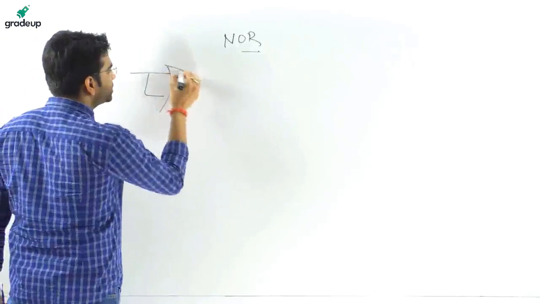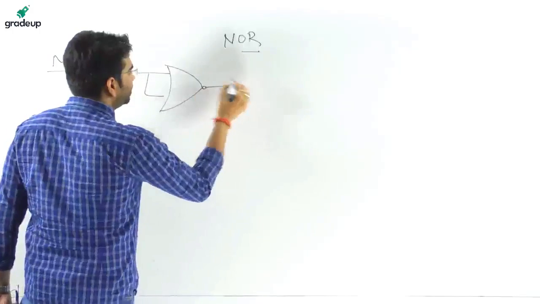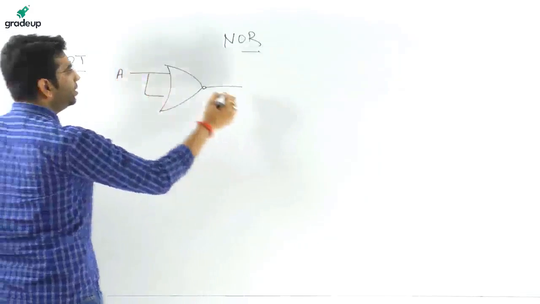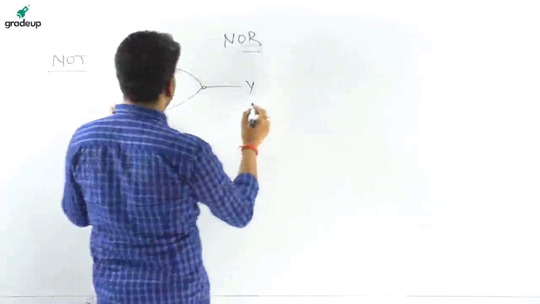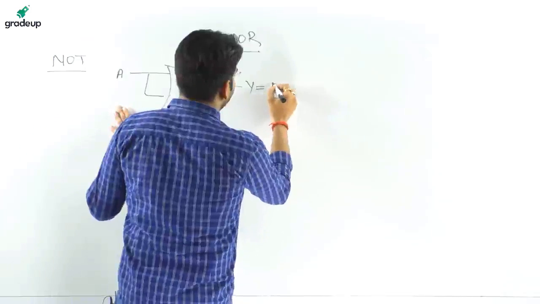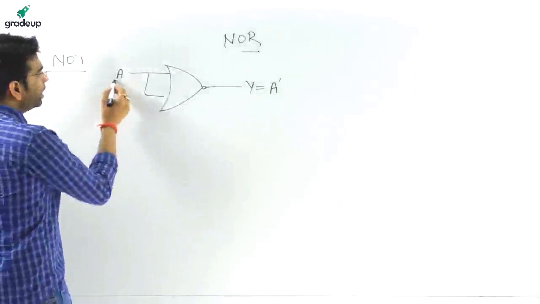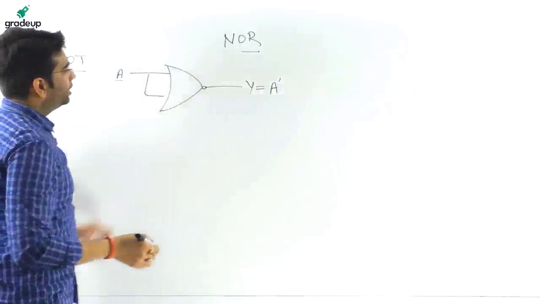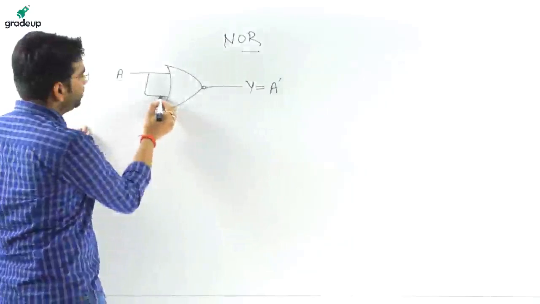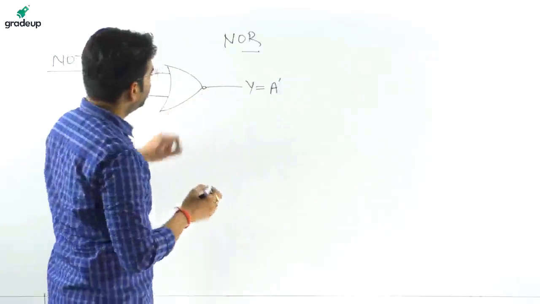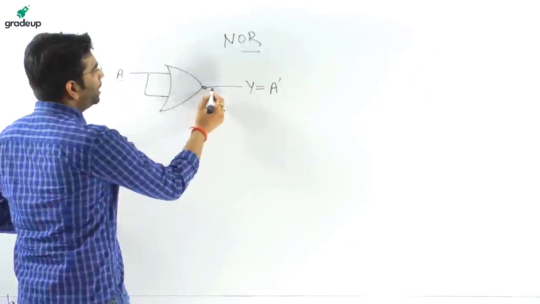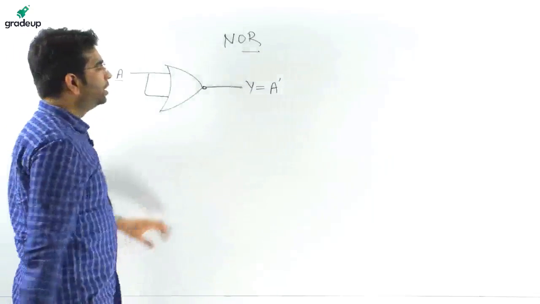Again the things remain the same, that it is a gate that can be used to implement any logic functions, and it is A bar. So how did it come? Both the inputs are the same. Output will be a negation or a complement.